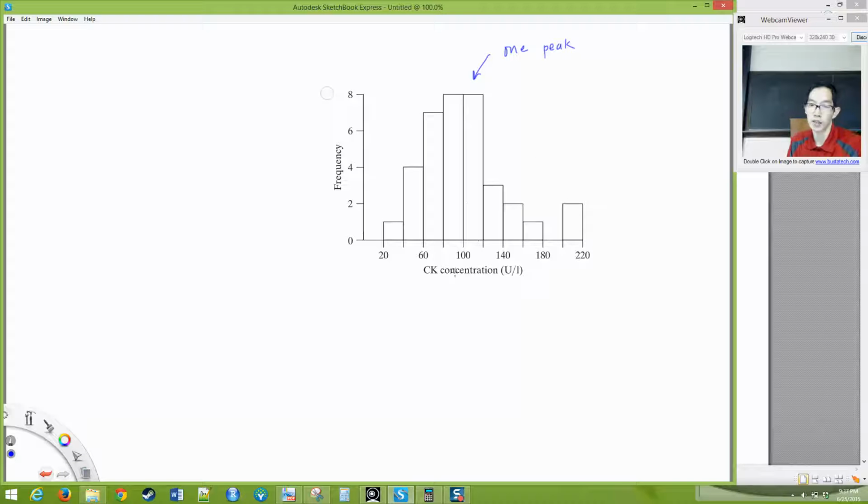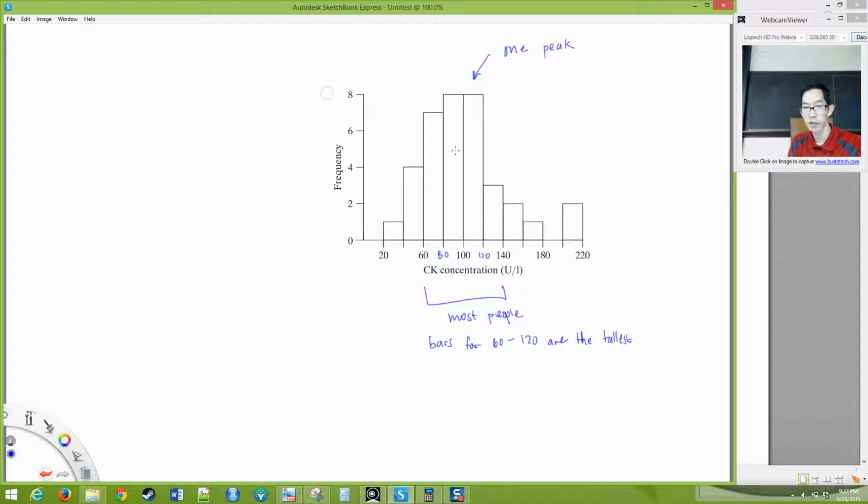So it seems like most people are kind of in this range here. Okay, and we know that most people are here, because the bars between 60 and 120, these bars are the tallest.